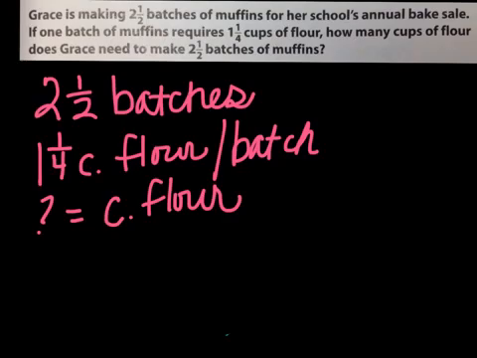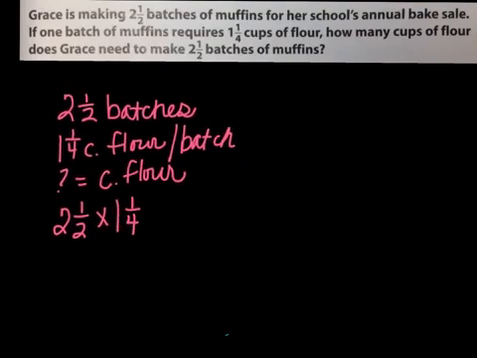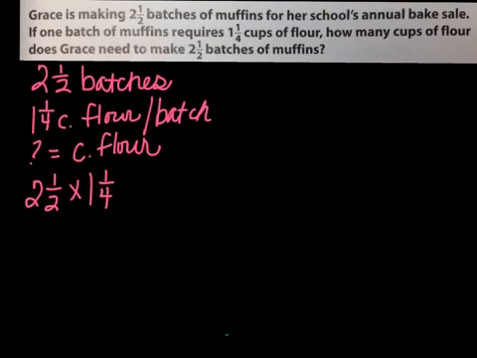So to work this out, my problem is going to be 2 1/2 times 1 1/4. Okay? So when I look at this, I have 2 mixed numbers. So 2 mixed numbers, can't do a mixed number times a mixed number. I need to take both of my mixed numbers and change those into improper fractions. So let's start with our first one, 2 1/2. So whole number times denominator plus numerator.